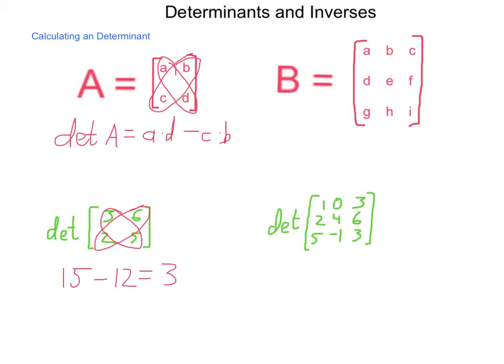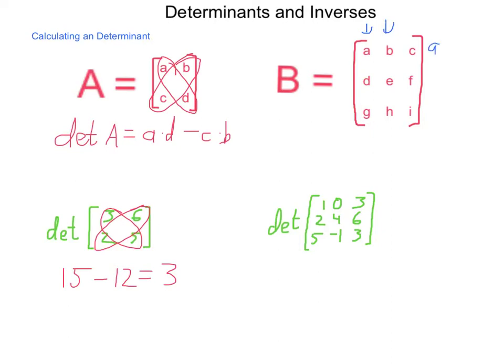Now, the determinant of a 3 by 3 matrix, which is as large as we're going to go in doing our calculations for this field of study. We're going to take these rows and columns that you see here and augment them with additional pieces. I'm going to take the first 2 columns and rewrite them.